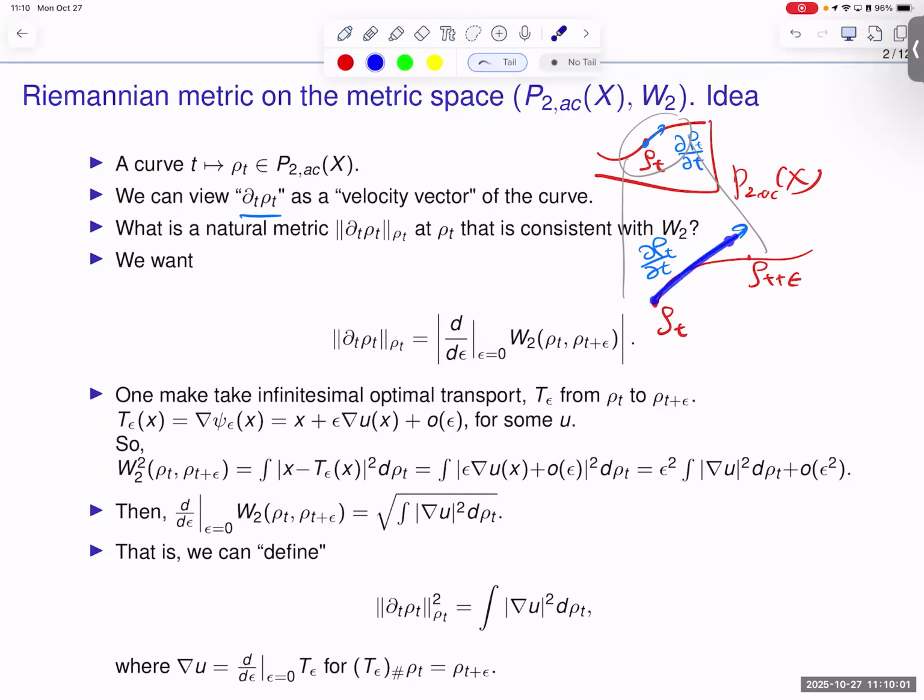Then the magnitude of this tangent vector should be approximately the same as the distance between these two nearby points.